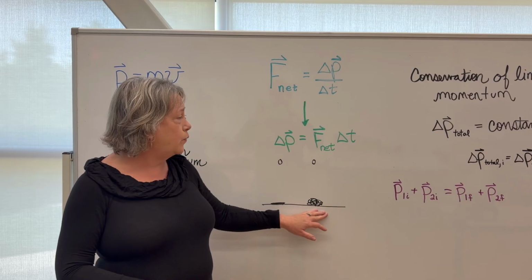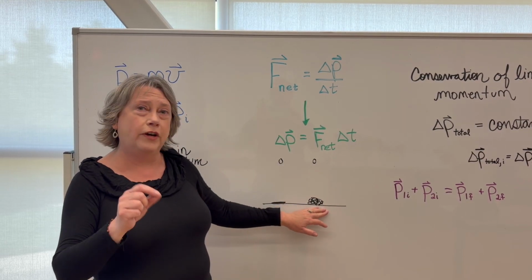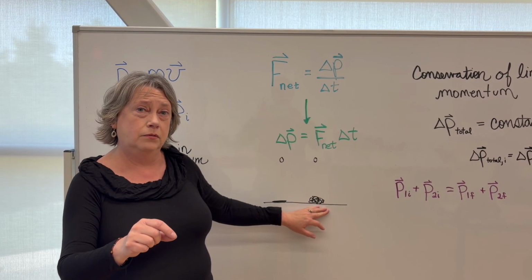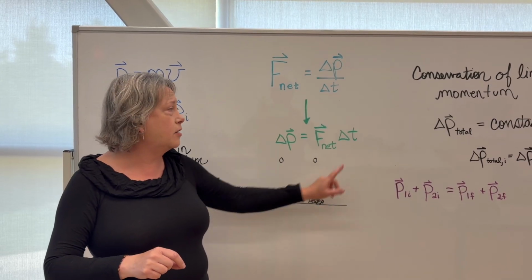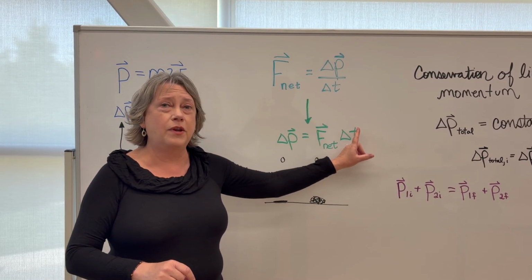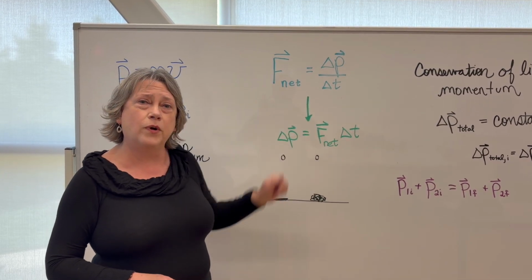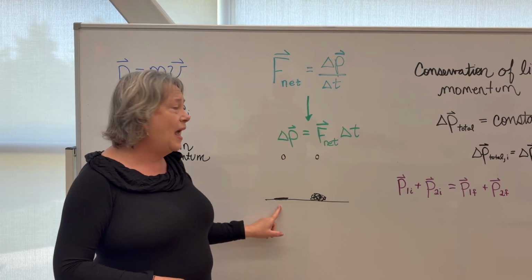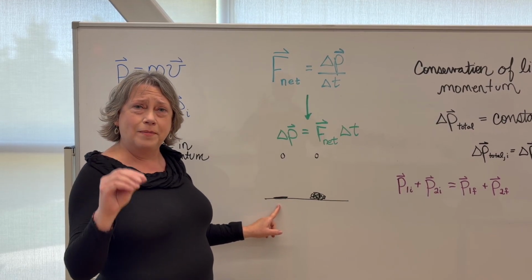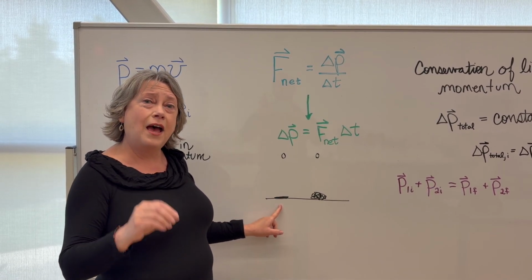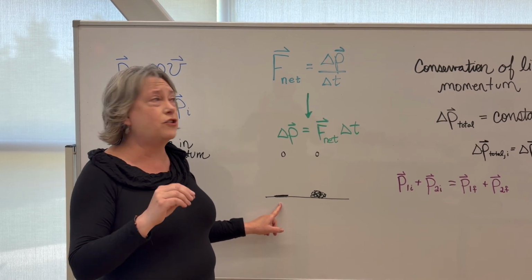And the reason for that is it has a greater time frame to slow down. This one has a bigger time frame to slow down, therefore it experiences a lower net force. This one has a very small time frame to slow down, so it's going to have a bigger force on the shell.